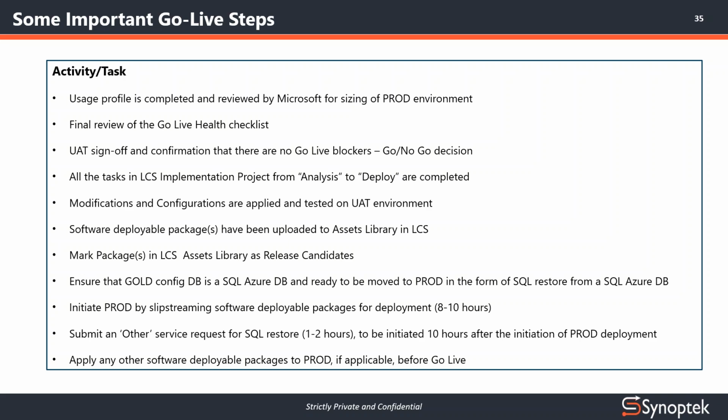All the tasks in the Lifecycle Services implementation project from analysis to deploy are completed. Modifications and configurations are applied and tested on the UAT environment. Software deployable packages have been uploaded to the asset library in Lifecycle Services. Mark the package and LCS asset library as release candidates.